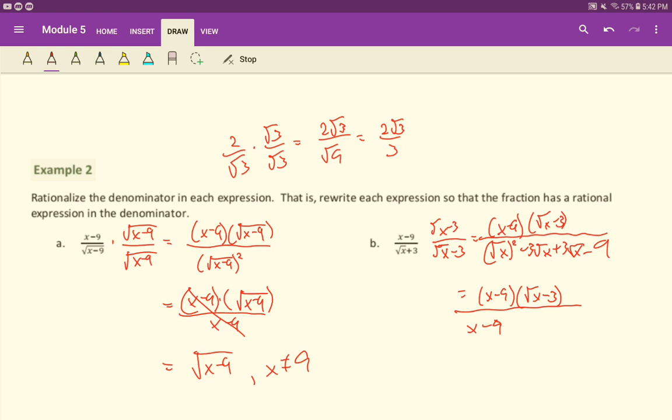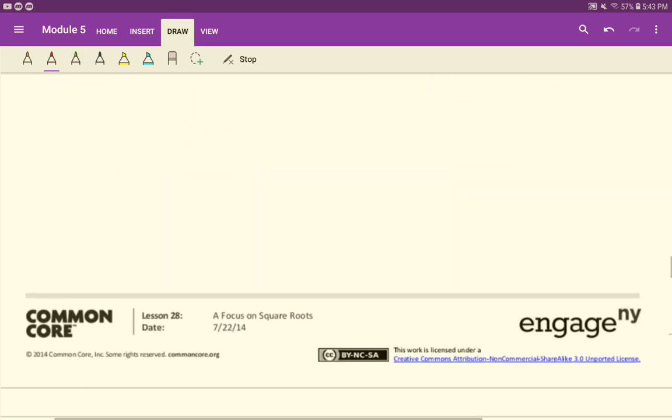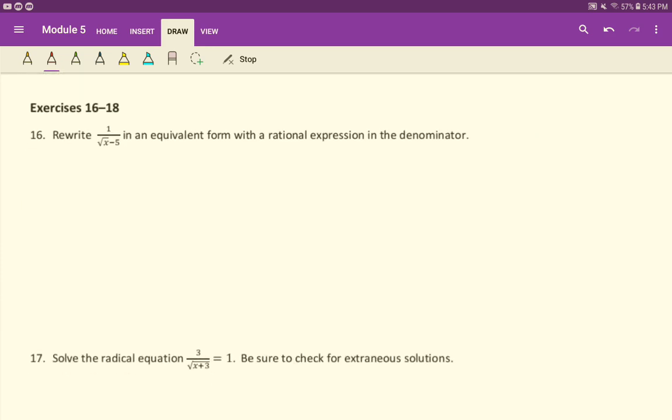Okay, and hey, what do you know? The x minus 9's cancel again, and we have root x minus 3 as our final answer. Okay, for the simplification. All right, so there we go. And we'll stop there, and in the next video, we'll take a look at exercises 16 to 18.